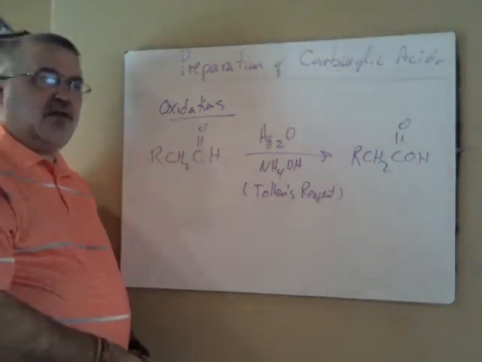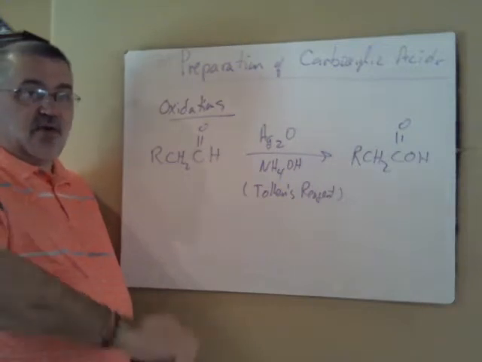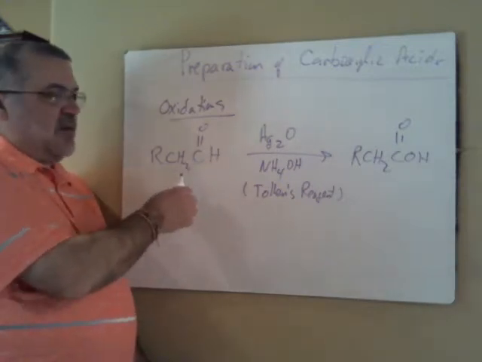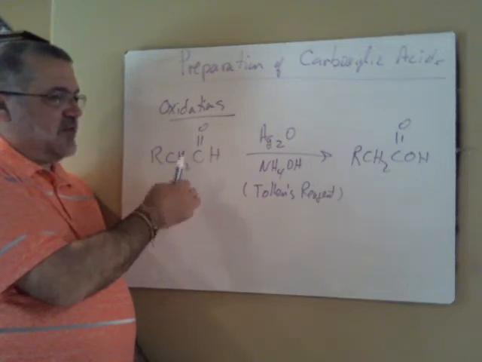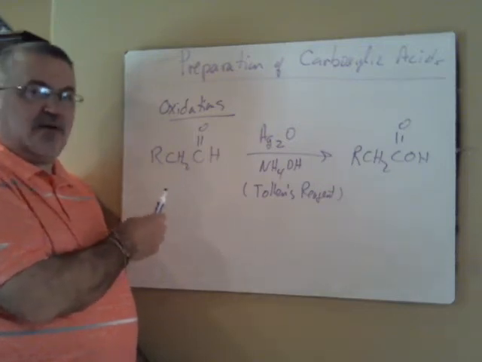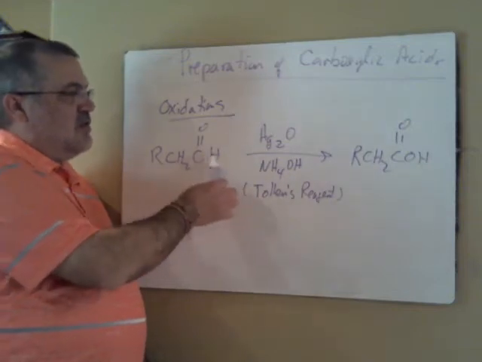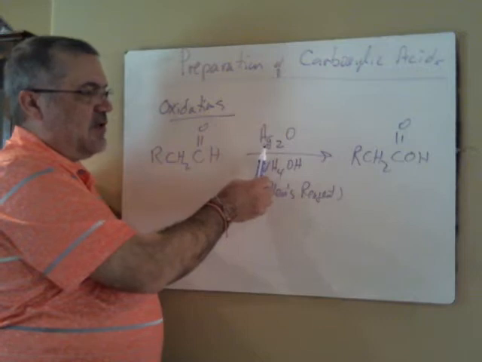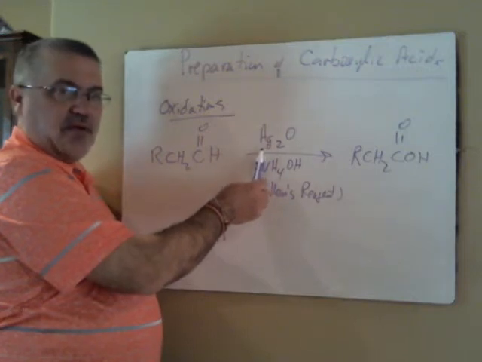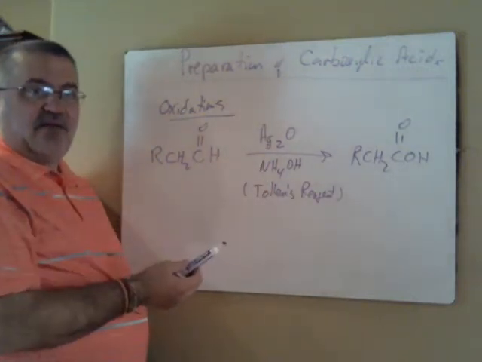And the other interesting thing about this reaction, I've done it before, it's kind of neat. It's almost like something you would expect to be done in medieval times to prove that you can actually make precious metals. Because when you do this oxidation, the silver gets reduced and it becomes metallic silver.